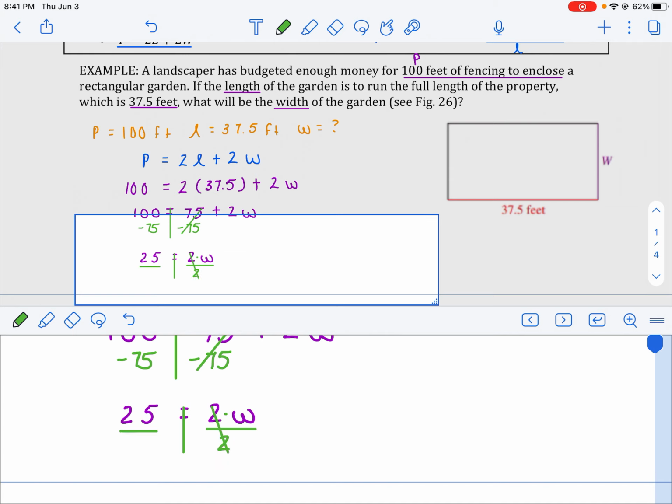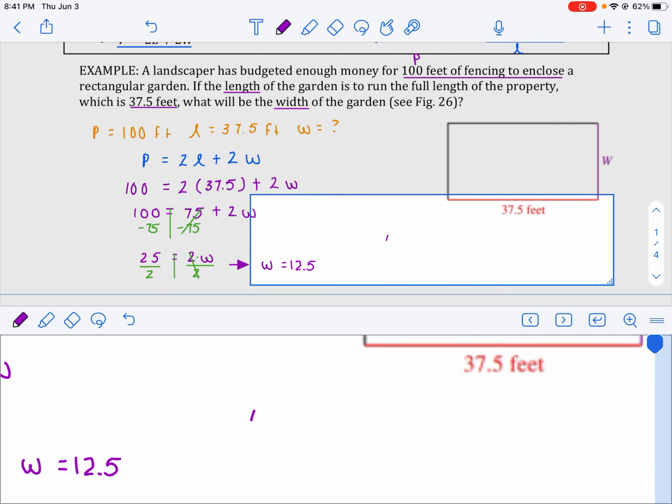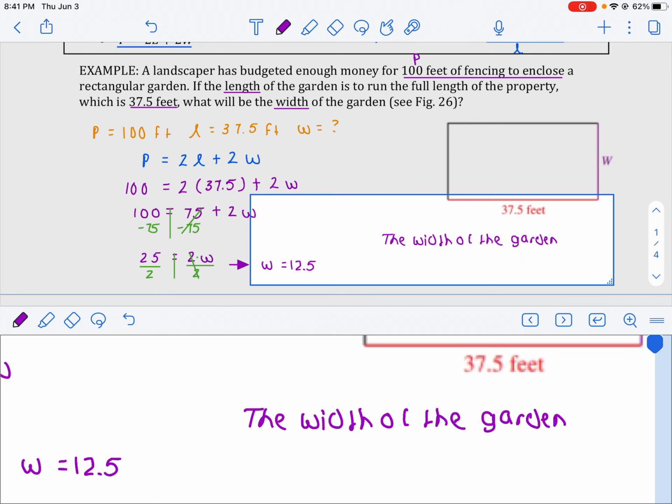So we're going to divide both sides by 2. In your calculator or by hand, 25 divided by 2 is 12.5. So the width of the garden will be 12.5 feet.